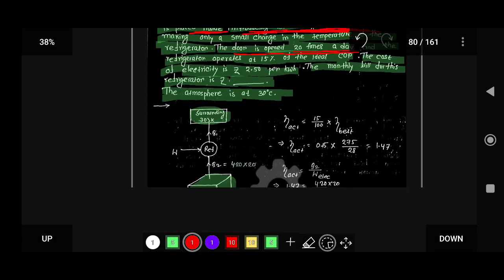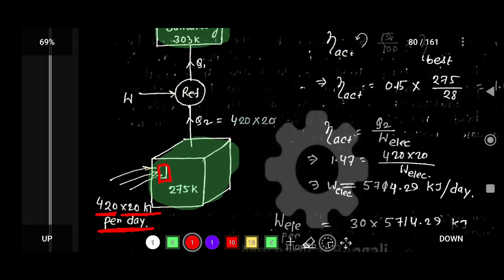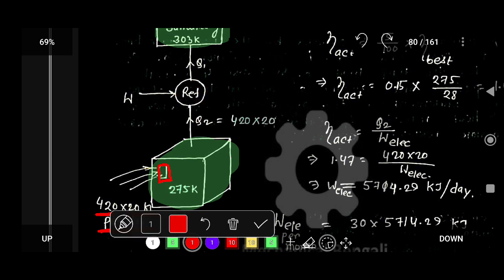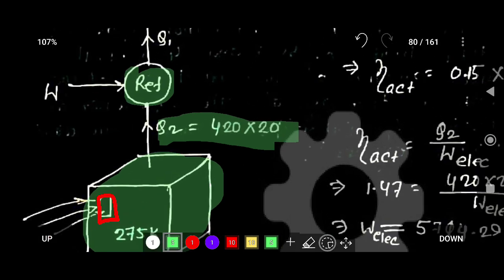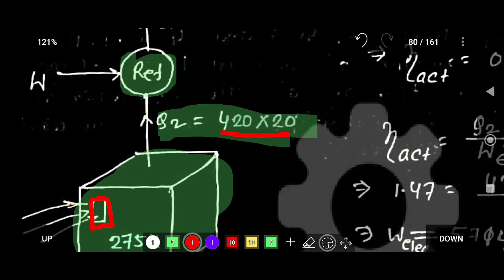In between there is a refrigerator, and the refrigerator absorbs heat from the storage space to maintain 2 degrees Celsius. That means the amount of Q2 will be 420 into 20 kilojoule.